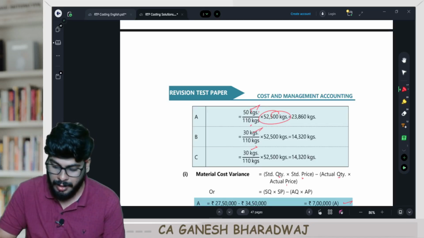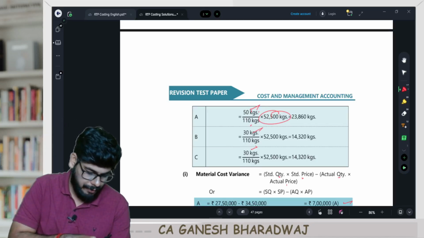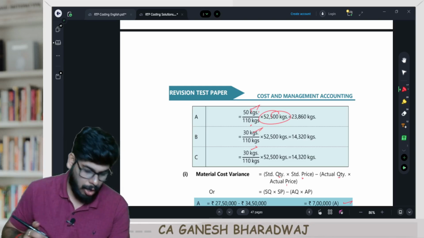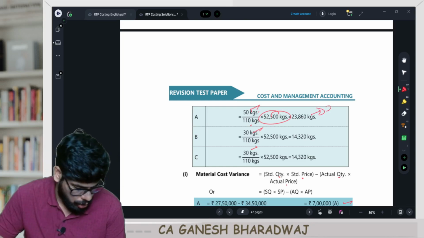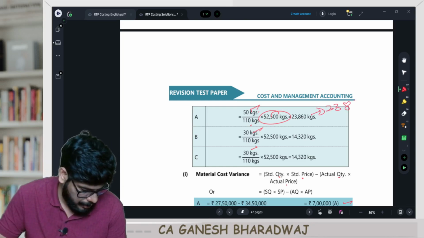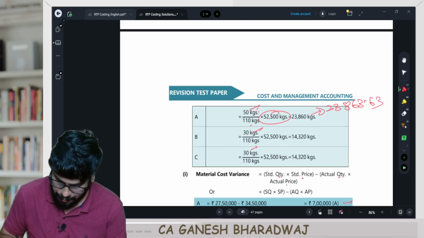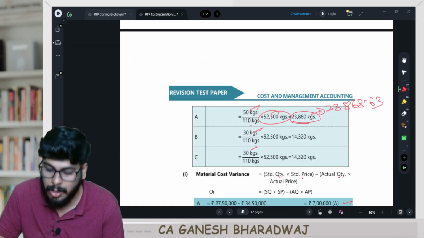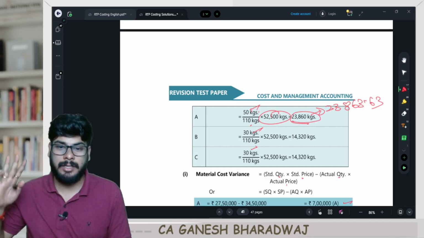But if you do the calculation, 50 divided by 110 into 52,500 comes out to 23,863.63 something. This is exactly what we have arrived at. But the institute has comfortably rounded it off to 23,860.